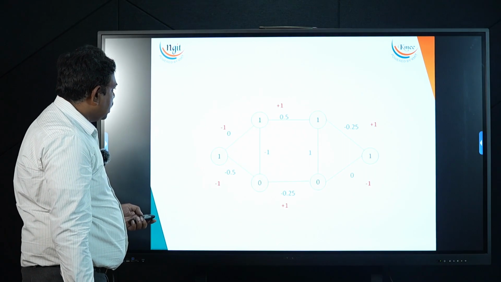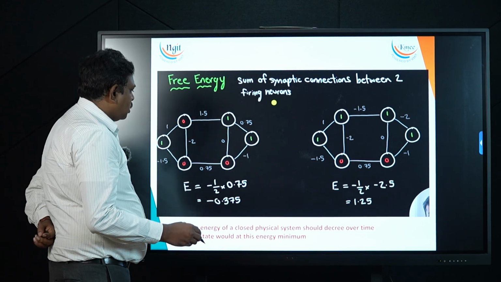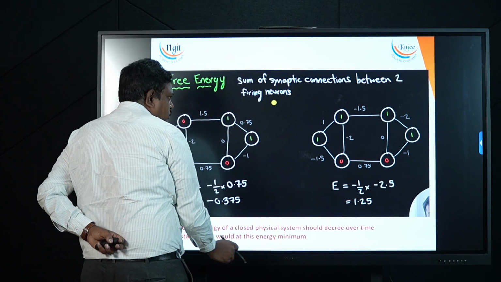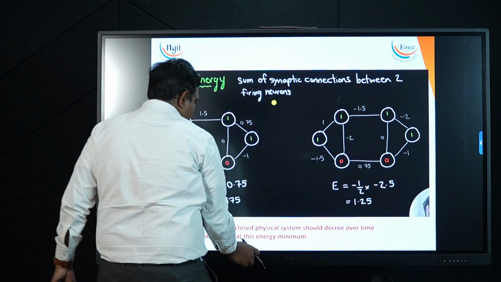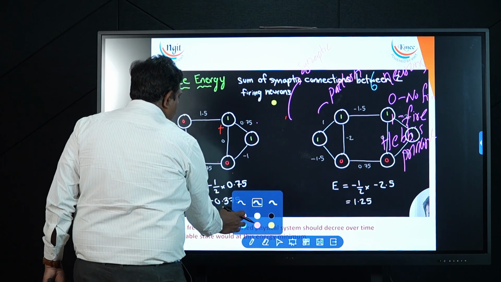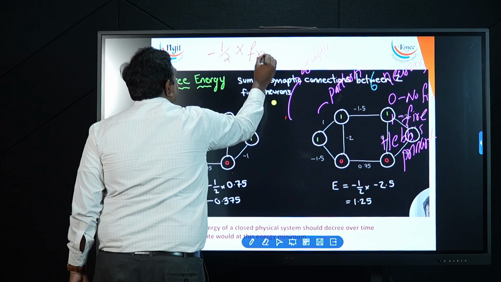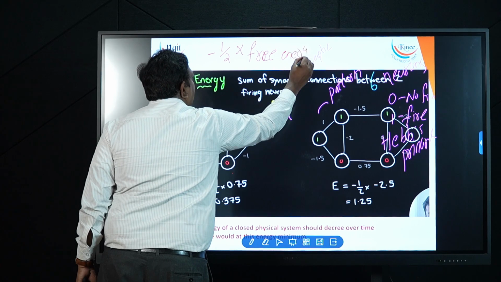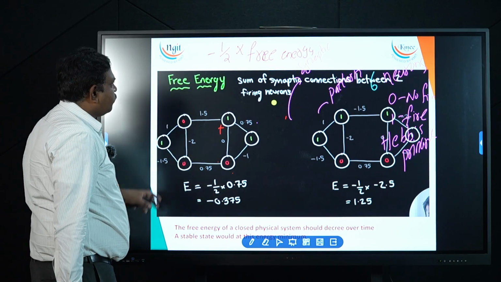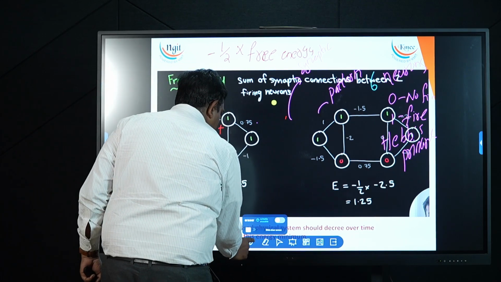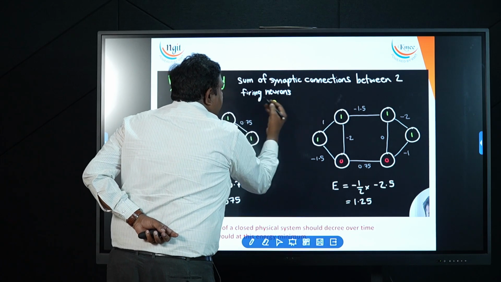The energy function is -1/2 times the free energy. Free energy is the sum of synaptic connections between two firing neurons.